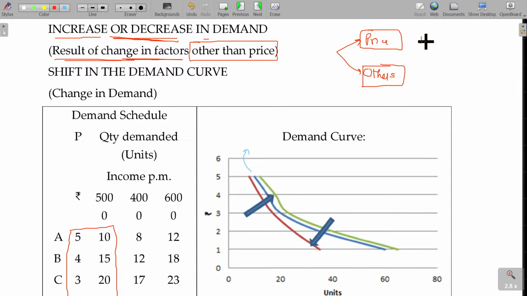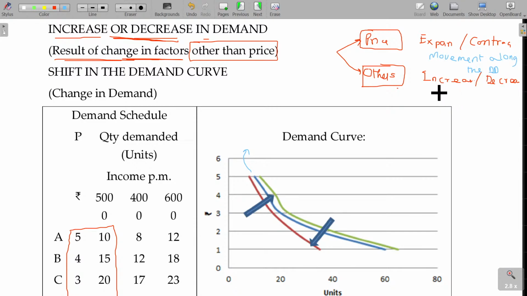Here we have expansion and contraction, but in this case we have increase or decrease, is that okay? Expansion and contraction will have the movement along the DD curve.